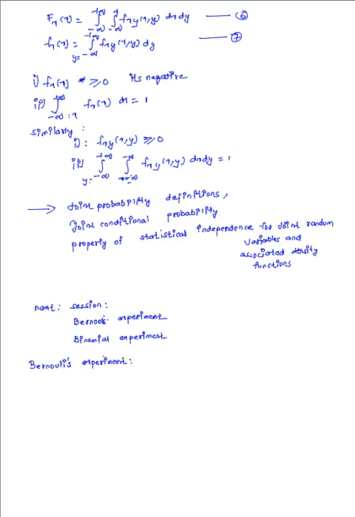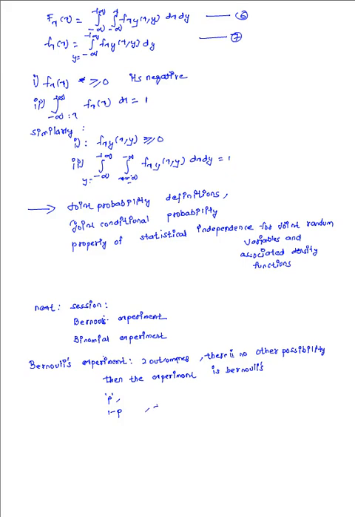If an experiment has two outcomes and there is no other possibility, then the experiment is Bernoulli's. Suppose the first outcome's probability is p, then obviously the next outcome's probability is 1 minus p.